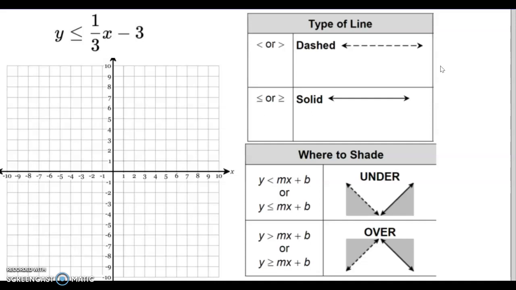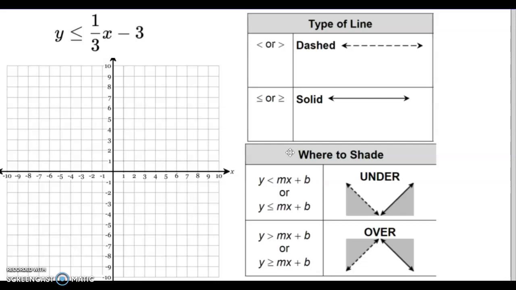Here you're just going to use a dash line, meaning all the points on that line are not part of the solution. But if you have one that's equal to, then you draw a solid line showing that all the points on that line are part of the solution. And you just got to take a look and see what you have so it lets you know what to draw.